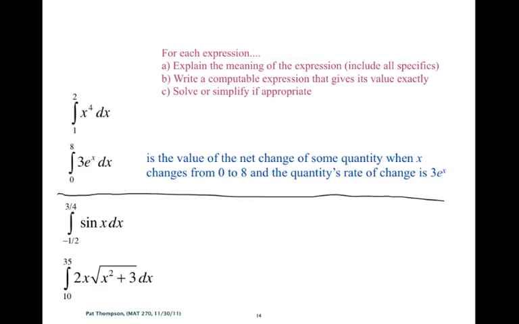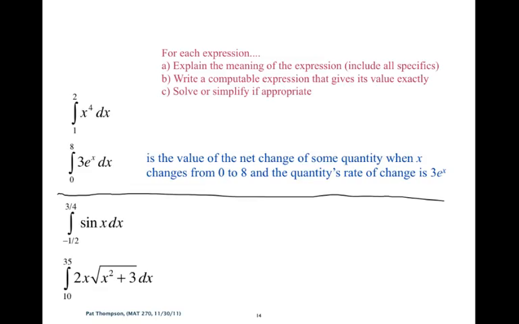Then the x to the 4th is the rate at which every y changes for every x change. And then dx is just the change in x. Okay. So you got all the pieces, but then the whole thing together is what?